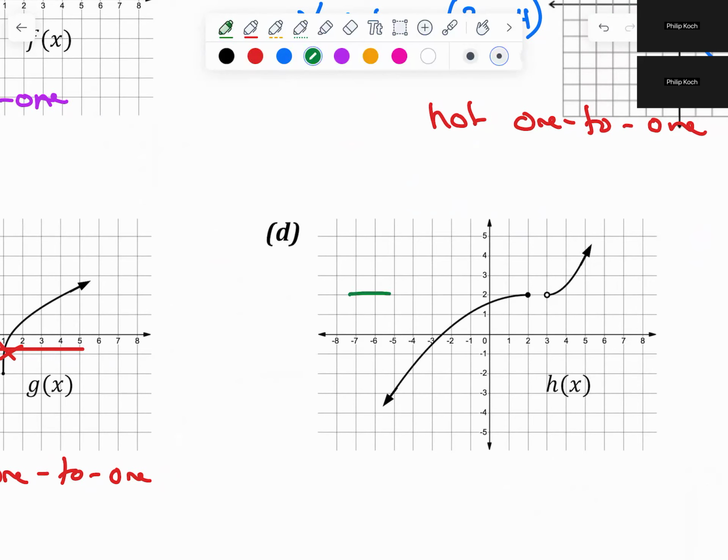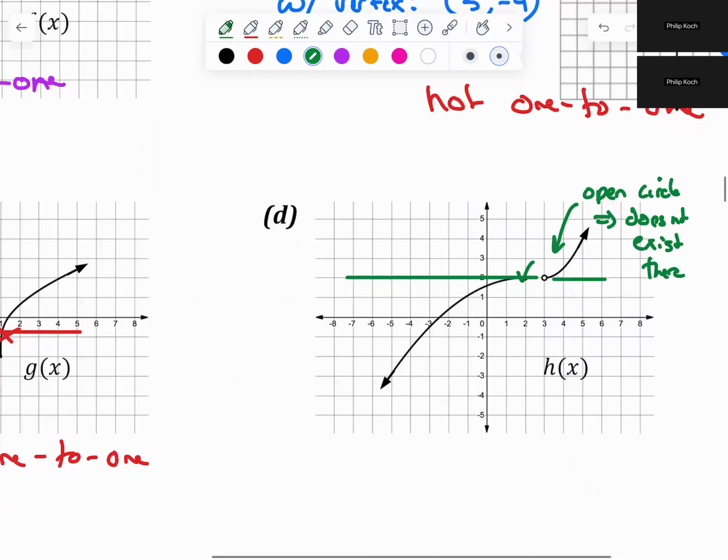The only one we need to worry about is the space right there. Open circle implies it doesn't exist there. So we're good. So this is 1-to-1.